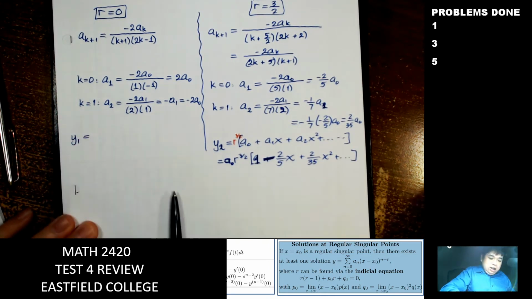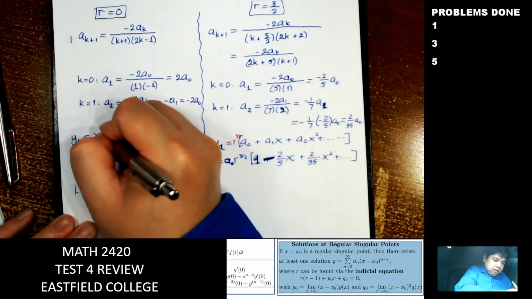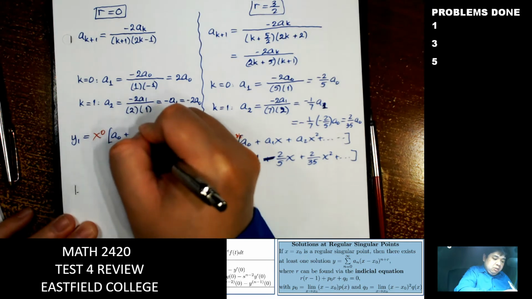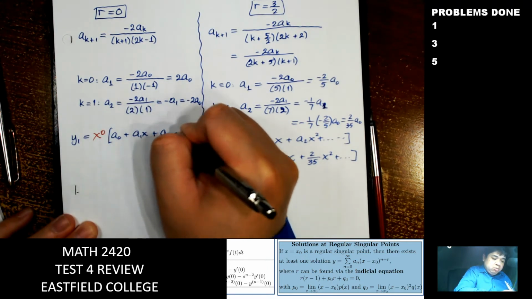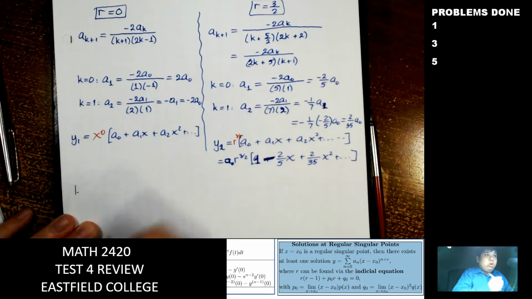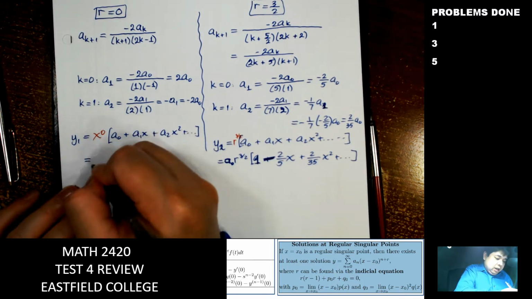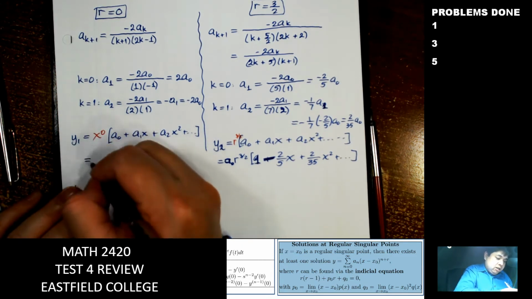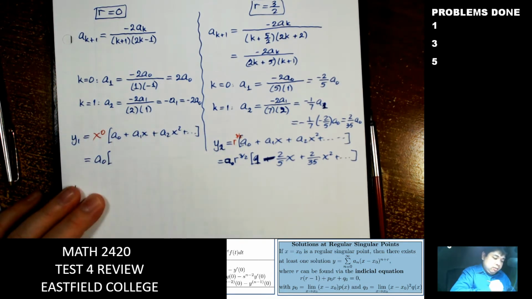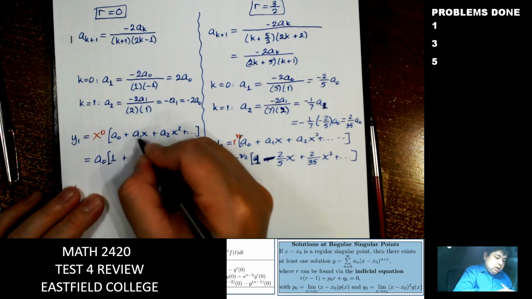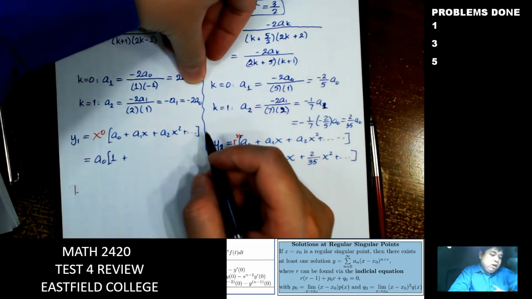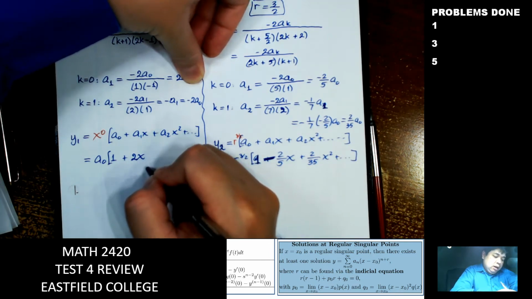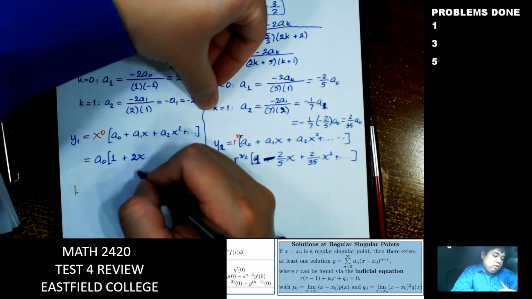We can call this y2 or y1. Y1 here is going to be x to the 0 power times a0 plus a1x plus a2x squared plus so forth. So that is a constant, equal to 1. I factor out a0. So be 1 plus a1 is 2 a0, factor out the a0 already, just have the 2x. A2 is negative 2 a0, factor out that.